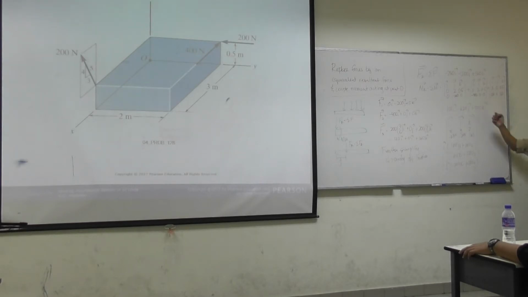Should equal to this one. So you notice that you have to solve using simultaneous equations, because this one equals to that, this one equals to this, and you have two unknowns, right? So you can try and see whether you can solve that kind of thing. Right?